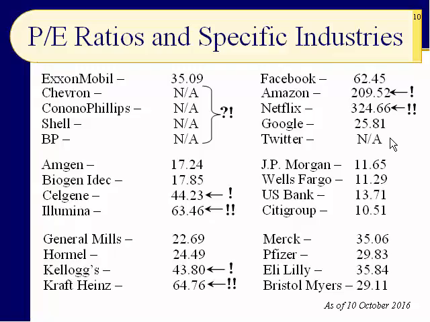We can take a look at some of these PEs and say, yeah, some of these companies are very richly priced. But then others, not so bad. And if we go back and do the techniques that we learned back in Chapter 6, apply the ratio analysis that we're learning in this chapter, we're going to coax out some companies that are decently priced and tilt the odds in our favor. I think so.